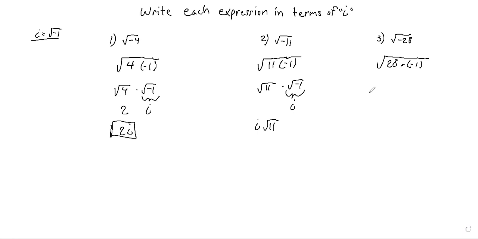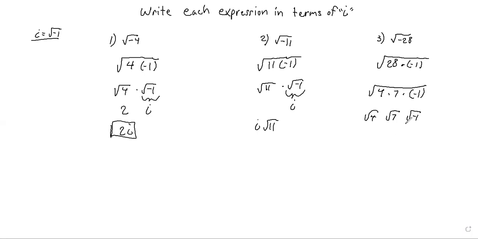So if we factor it out even further, 28 is equal to 4 times 7, right? And then we still have the -1 there. Now we're going to separate our factors, right? So we have square root of 4 times the square root of 7 times the square root of -1.